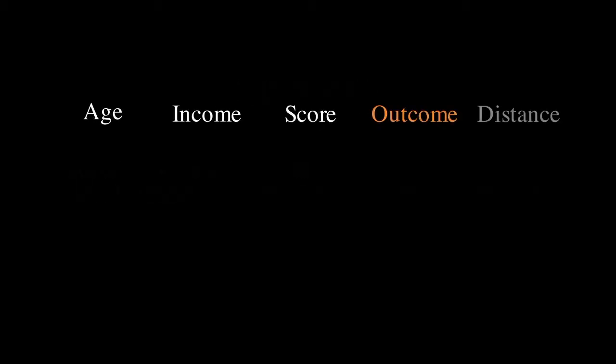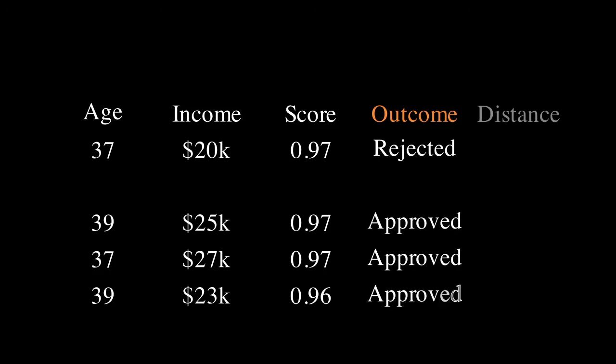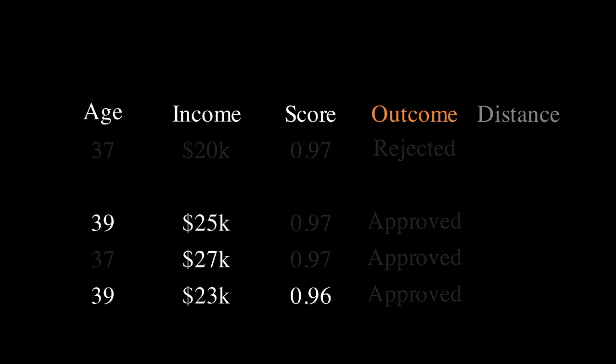Let's look again at the loan approval model and these inputs: age, income, and applicant score. If we look at these hypothetical counterfactuals, we will say that, for example purposes, they all have the same calculated distance. We can see that despite having the same total distance, they do have a different number of inputs changed.